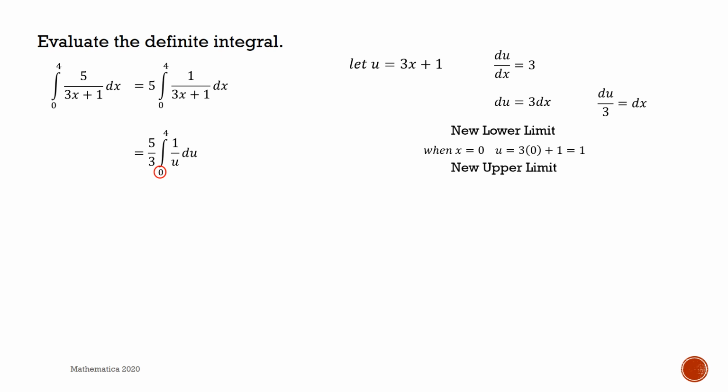Then I need to find my new upper limit. So originally it was 4. Now I evaluate when x equals 4. 3 times 4 plus 1 is 13. So my new upper limit is 13. The reason why I'm doing this is because I'm going to evaluate this integral in terms of u. So now my new limits are 1 to 13.